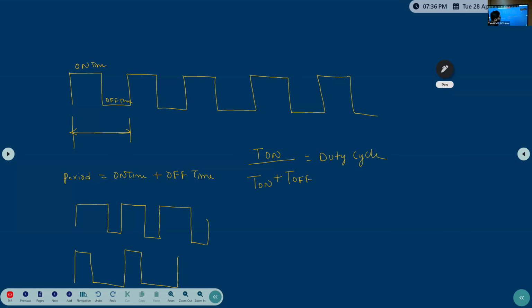T on plus T off both equal the time period T, right? Time period TP, if you consider. So T on by time period is equal to the duty cycle. Clear? This is a duty cycle.